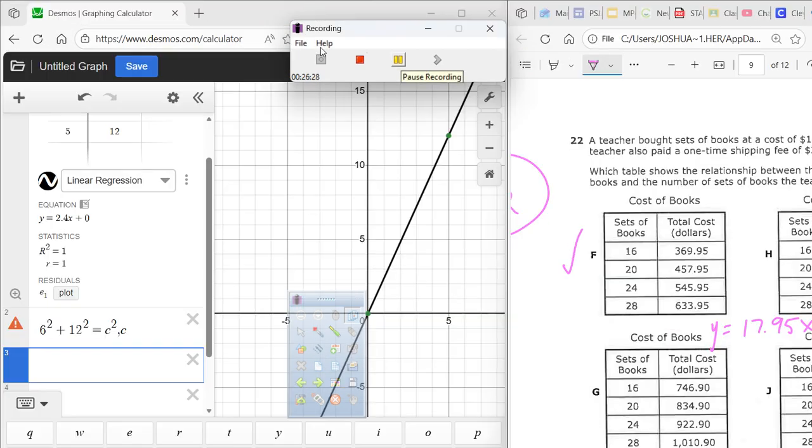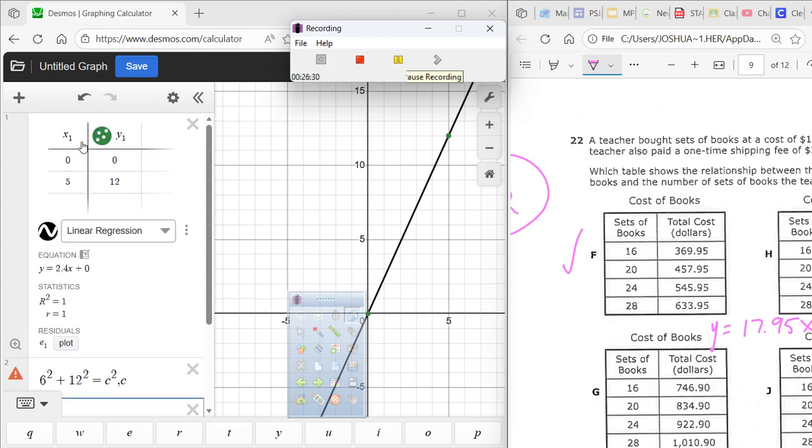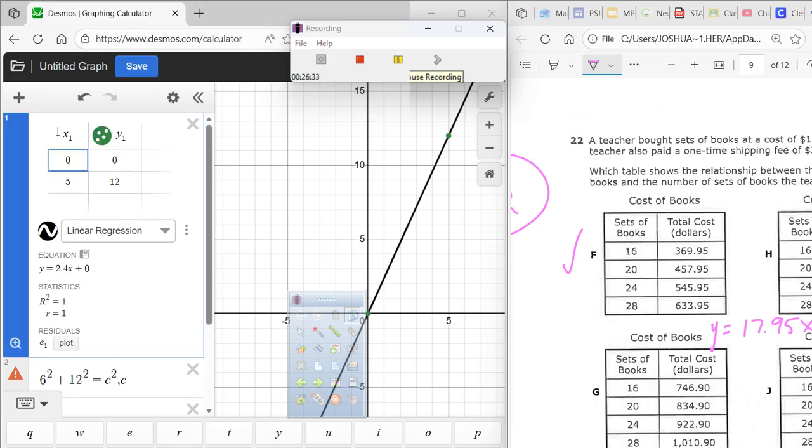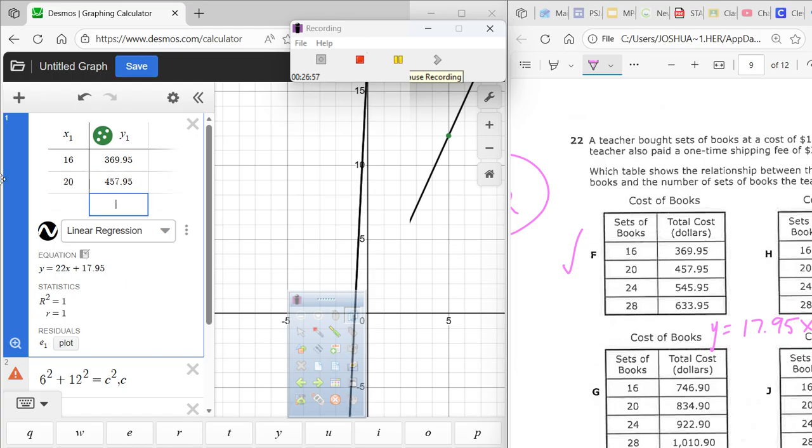Okay, so right here, what I'm going to do is just punch the numbers on this top over here and look at my regression here. And so they all have 16, 16, and 20. So I'm going to do those two alone. I'm going to try this first one, 369.95, and 20 is at 457.95. And do I have 17.95? No. Next, I'm going to jump to these over here.